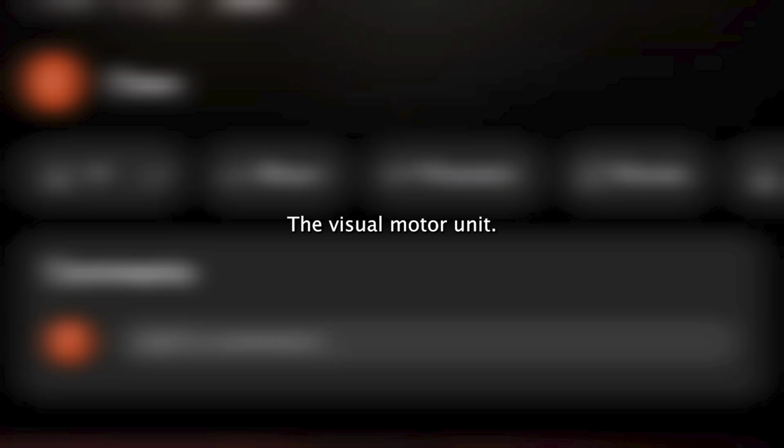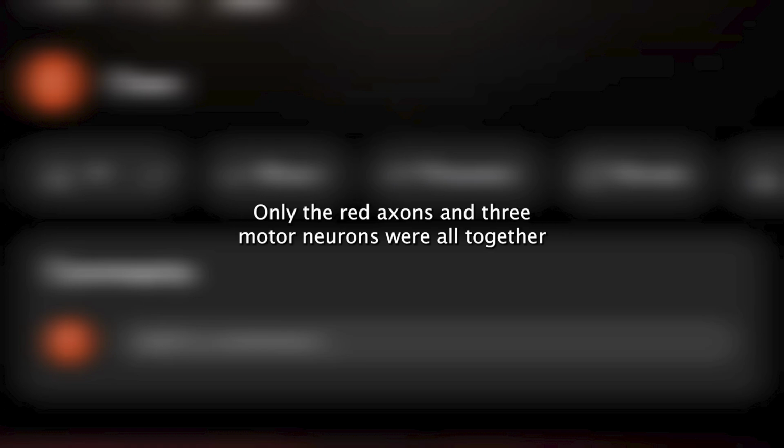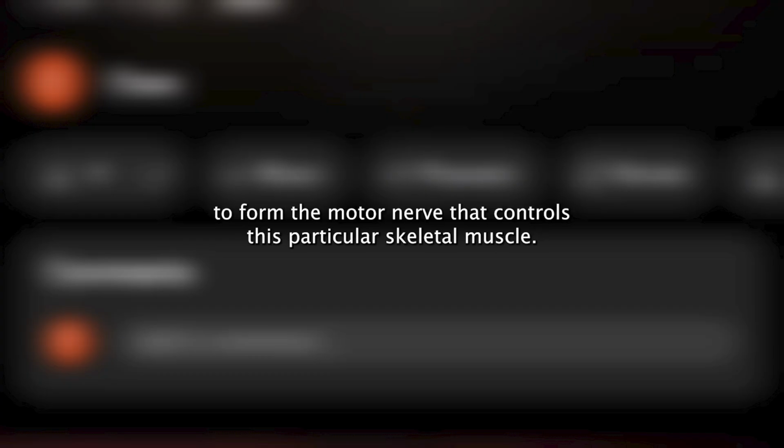Welcome to individual motor units. Recall, neuron, and all the muscle fibers, the cell bodies of these motor neurons. And here we see the muscle fibers in control. The purple muscle fibers, the blue motor neuron fibers, and the red, only the red. The axons of these three motor neurons are bundled together to form the motor nerve that controls this particular skeletal muscle.